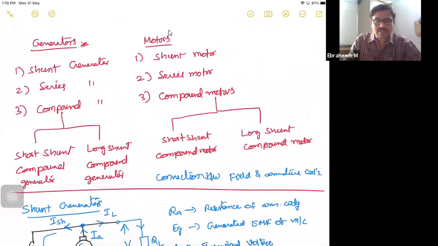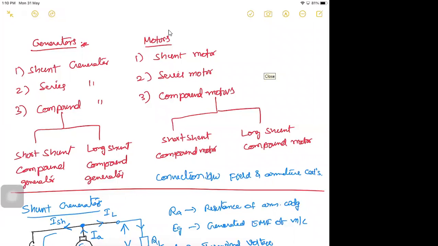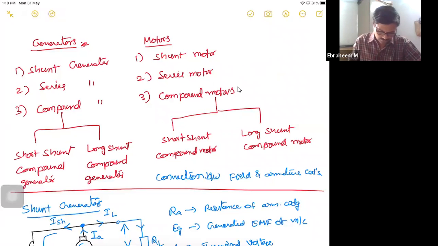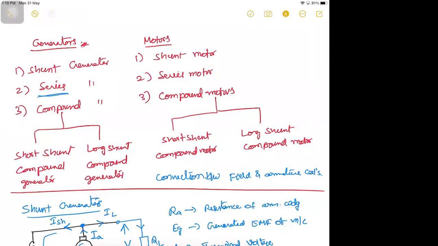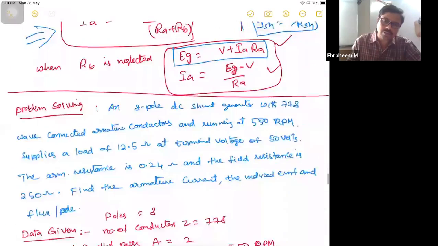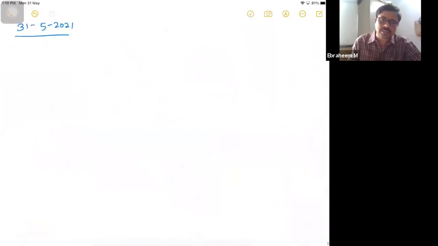Till now, which one is left, which one is to be discussed? Shunt generator is over, compound generators are over. The series generator is there for discussion. So today we will see the series generator.